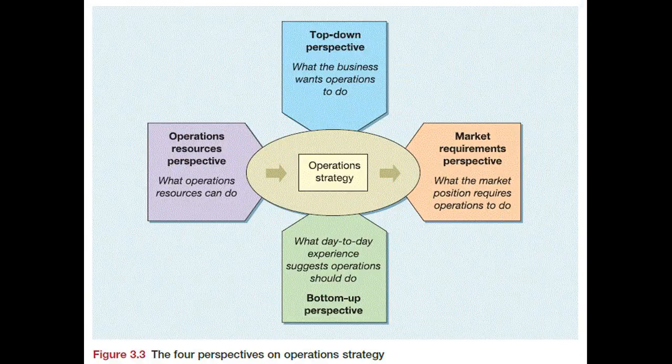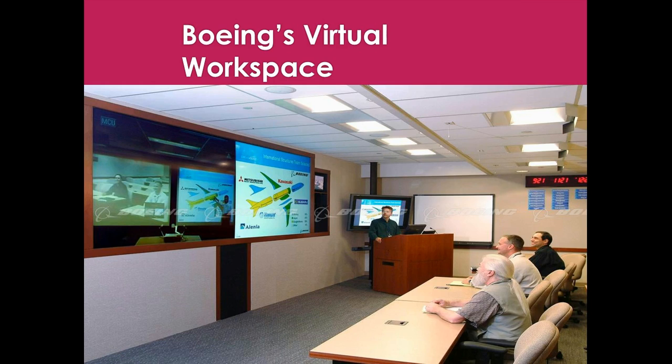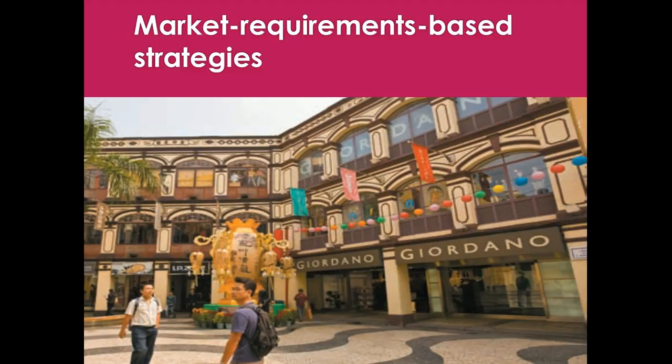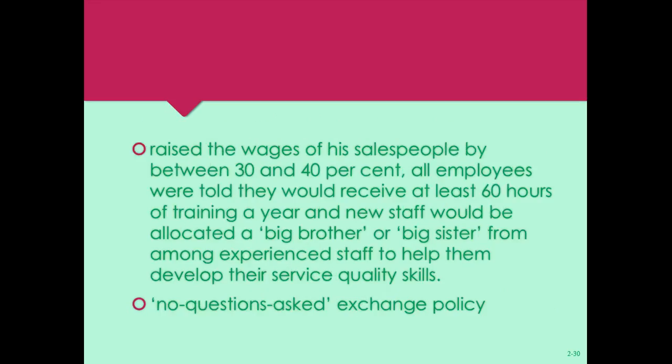From this model of 4 perspectives of operations strategy, you have to understand all of them, but I gave you one example of Giordano, the retail cloth supplier, and how they change their operations to meet the demands of the customers.